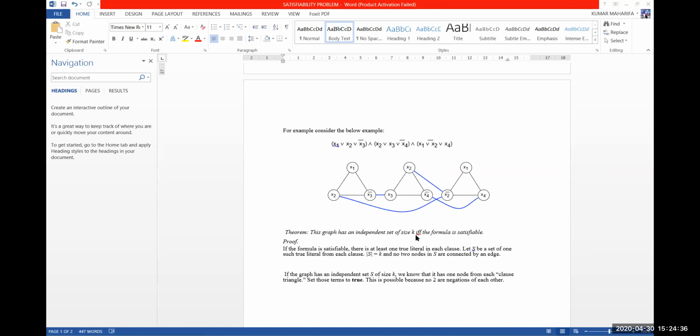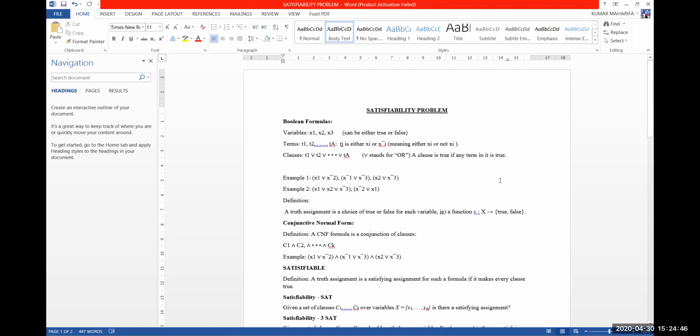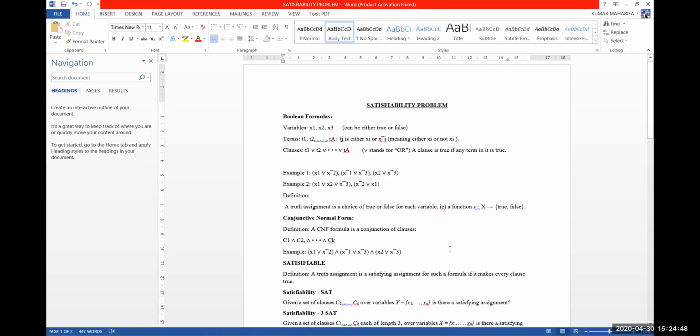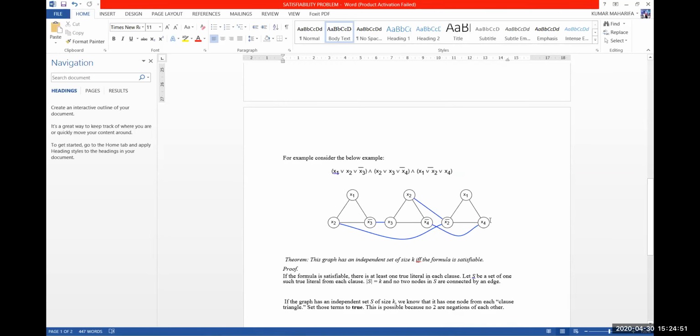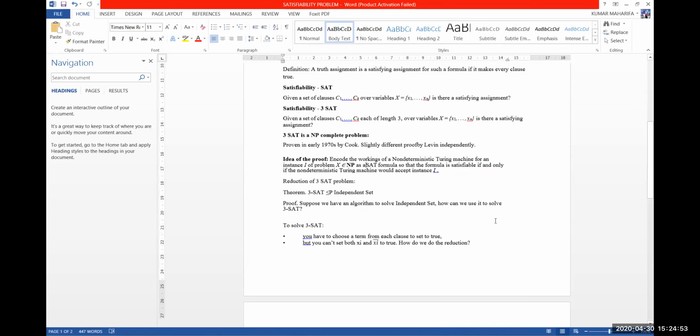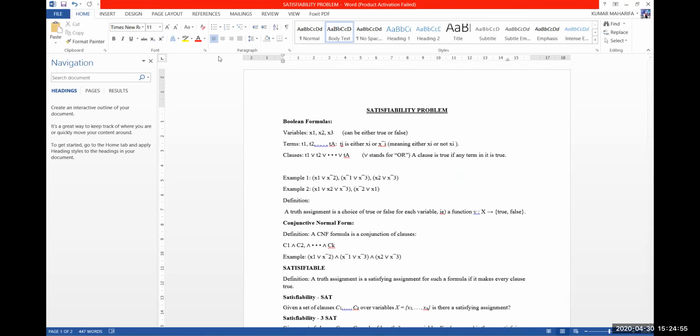So this is completely about the satisfiability problem, and how we can solve it even though it is NP-complete. You can take any examples and try to solve them by applying the independent set and practice on this.